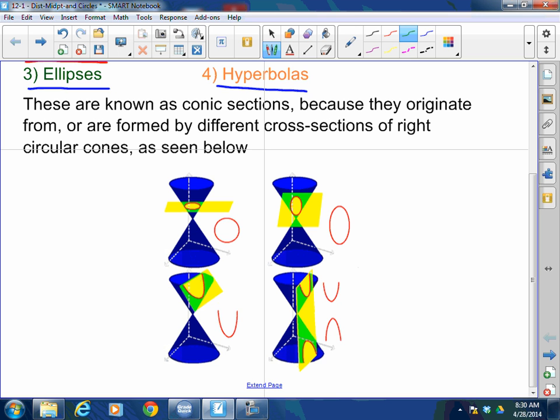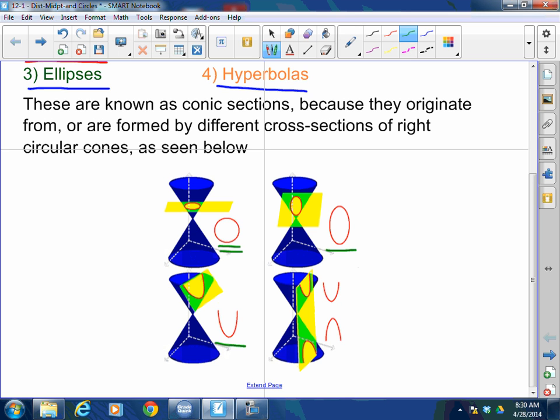And if you take a vertical cross section of a cone, you're going to have a circle. If you take a vertical cross section of a cone, you're going to have what's called an ellipse. Okay? If you take a slanted cross section of a cone, you're going to be left with a parabola.